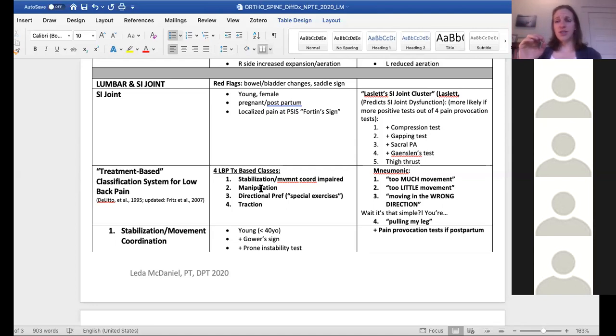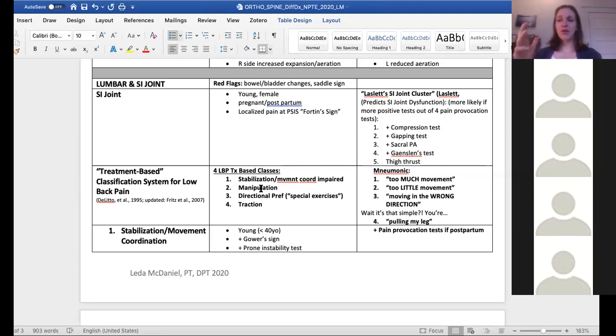So instead of just doing your sacral PA, counter nutation, mobilizations of the SI, even a unilateral PA at right versus left SI joint, and trying to detect motion and really base all of your treatments off of that, you really want to look at some of these other signs and symptoms to guide your treatments, and then start to come up with a hypothesis. If you really think based on your exam that this person has an SI joint that isn't moving so well and your joint mobilizations improve symptoms, then maybe you're on the right track. Are they really not moving that well? Not sure, but your treatments can kind of follow along that pattern, and that might be a better way to think about it.